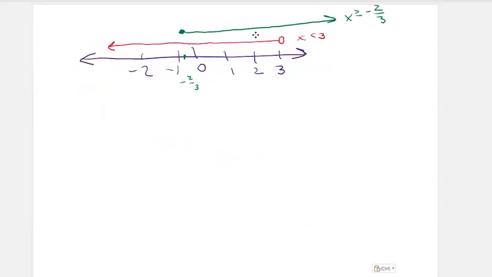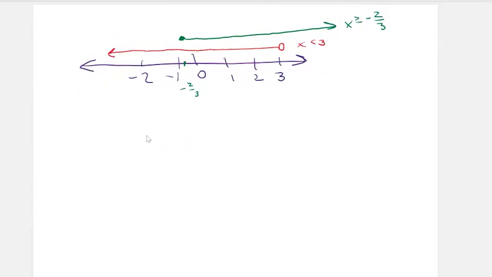Okay, so here is the number line that I created from my two solutions. And remember, we're looking for and. So we're looking for and, which is the same as intersection, right? So what we're looking for now, here, I'll use the highlighter, is what they have in common.